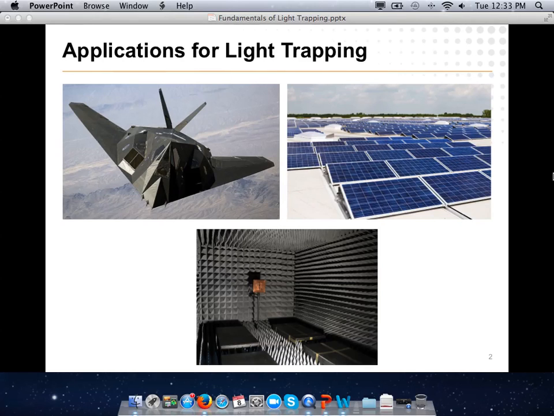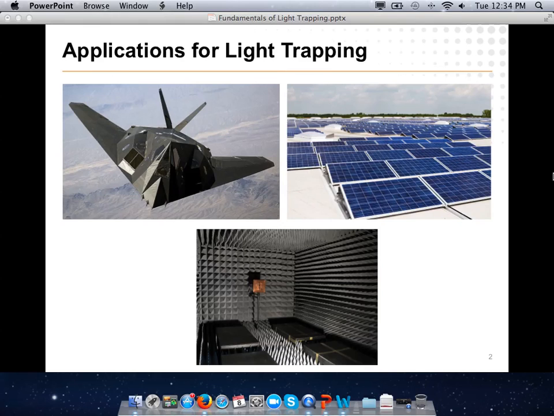So we want all that energy that hits the walls to be absorbed or trapped, right, light trapping, so that you have no echo. That's why it's called an anechoic chamber, a non-echoing chamber. So that's another application of what light trapping might involve.